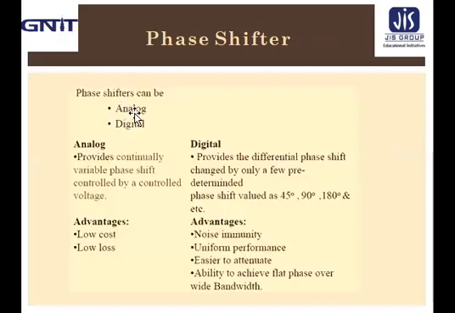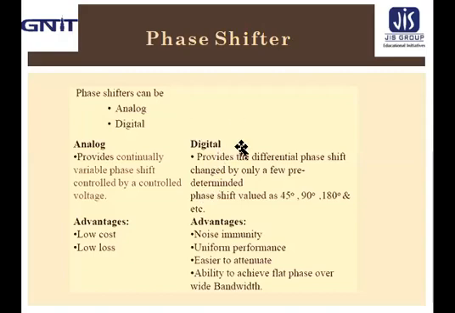Phase shifters may be analog or digital. An analog phase shifter provides continuously variable phase shift, which is controlled by a control voltage. And what are the advantages of an analog type of phase shifter? That is low cost and low loss.